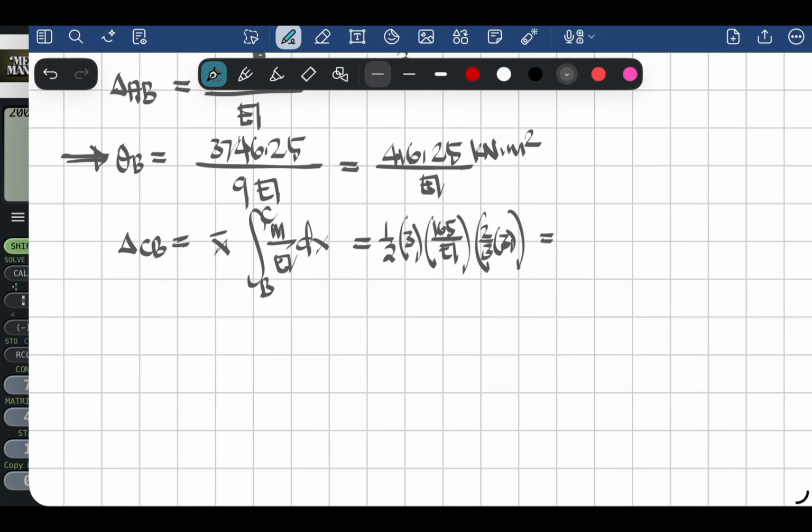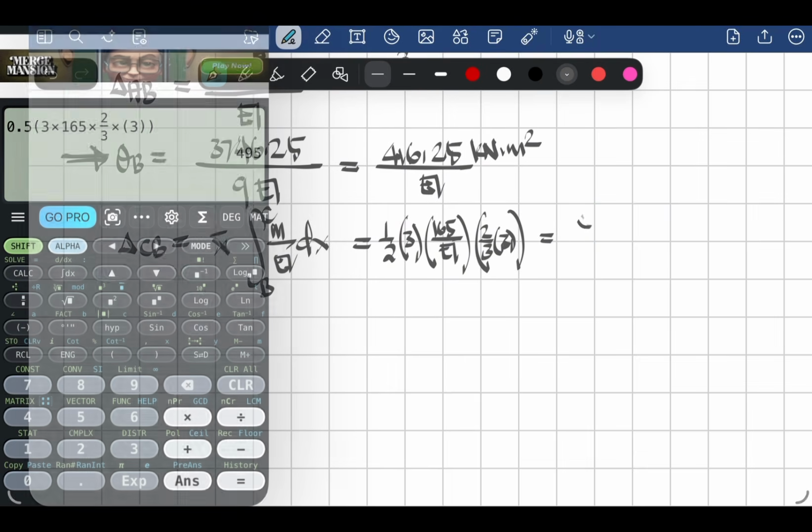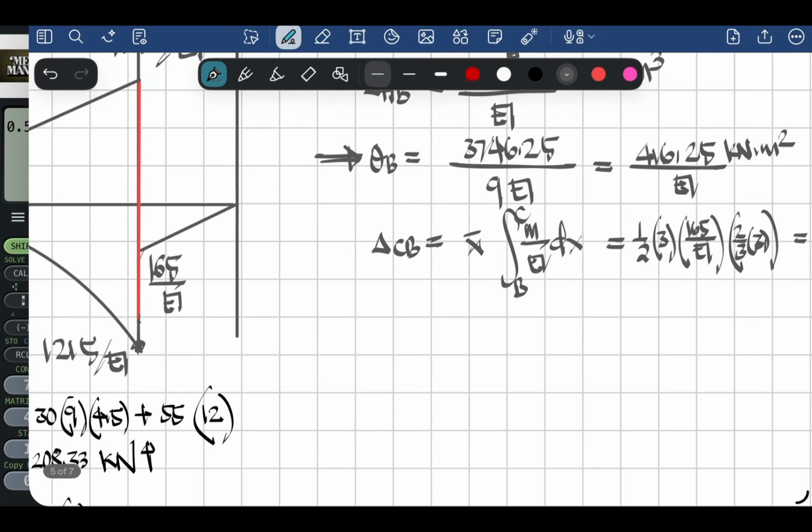So this equals 1/2 times 3 times 165 times 2/3 of 3, or 495 over EI, kilonewton meter cube.